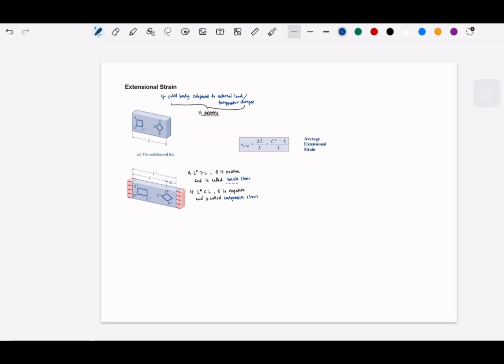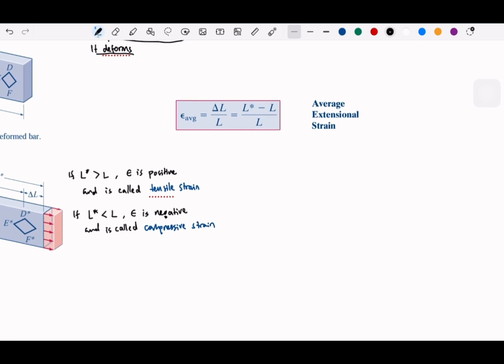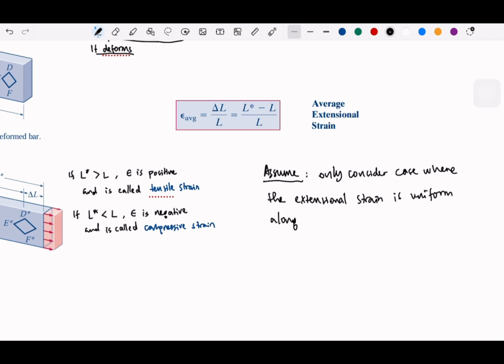So throughout the chapters, we can make one assumption to simplify our calculation: only consider the case where the extensional strain is uniform along the length of a member.